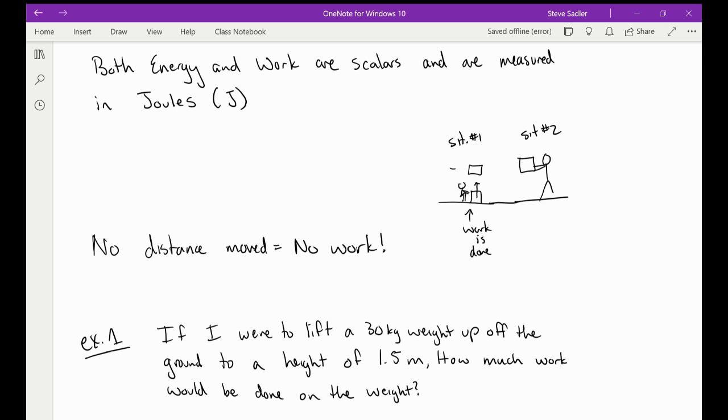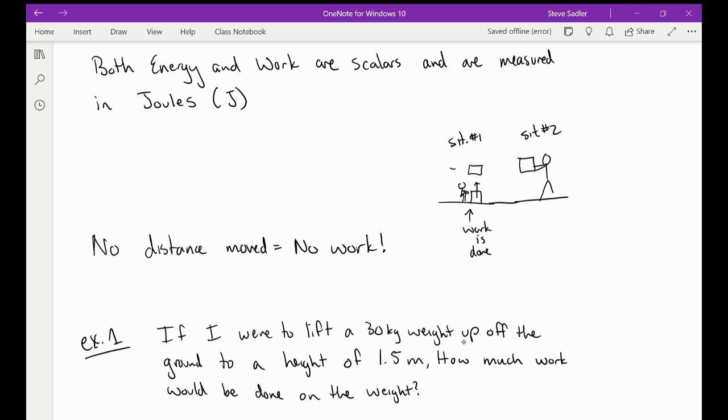Work is being done. In situation two, the person is just going to hold the box there, and they're not going to move. So we know that holding a weight is using energy, but you can kind of think of it like the work isn't being done on the weight, it's being done on the muscles to hold it.